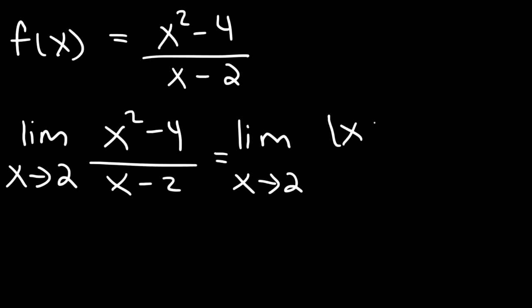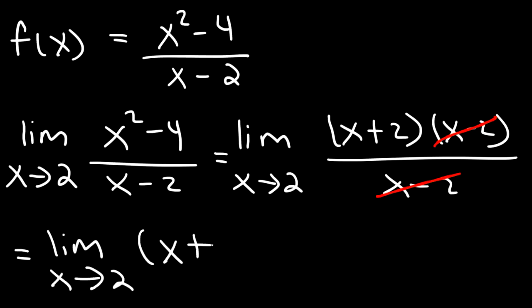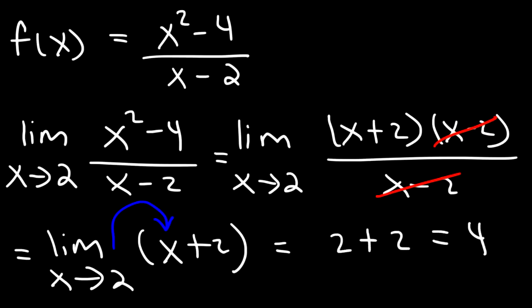And when you factor it using the difference of squares method, it's x plus 2 times x minus 2. And so we could cancel this factor. And so we're left with the limit as x approaches 2 of x plus 2. So now we can use direct substitution. So we can replace x with 2. So this becomes 2 plus 2, and this gives us the limit, which is 4.